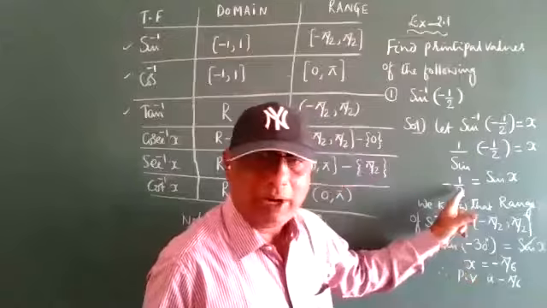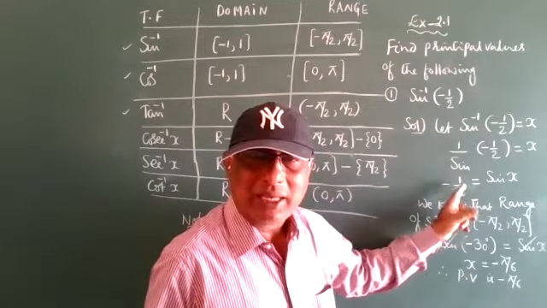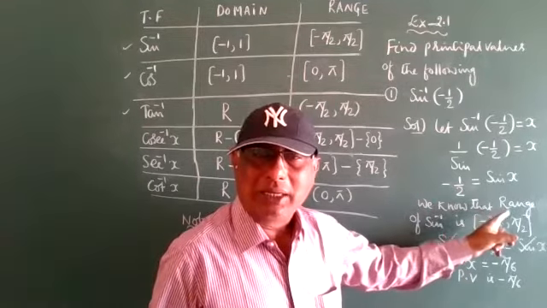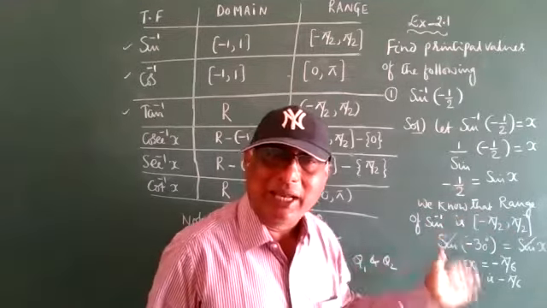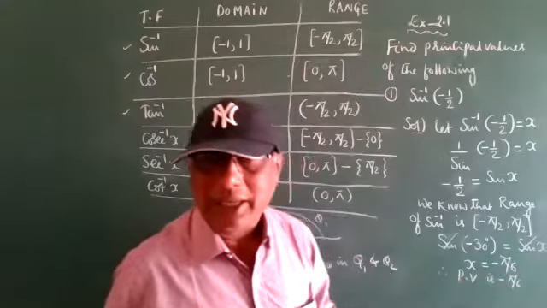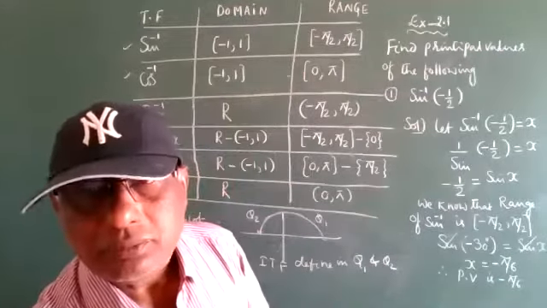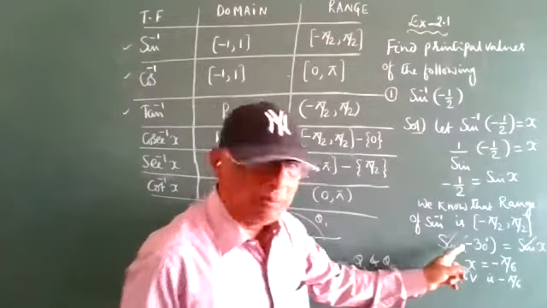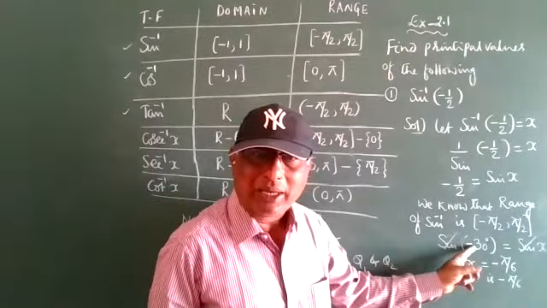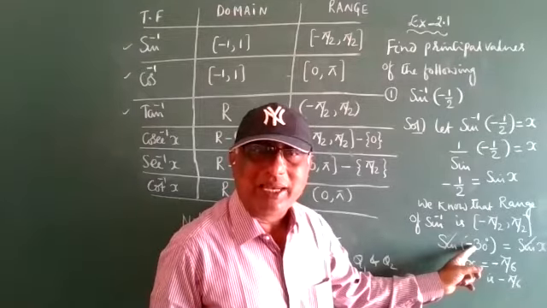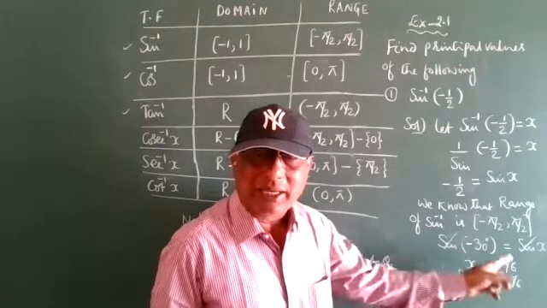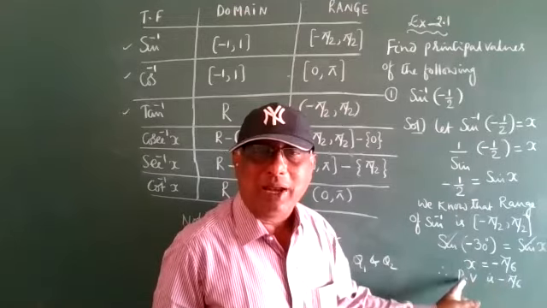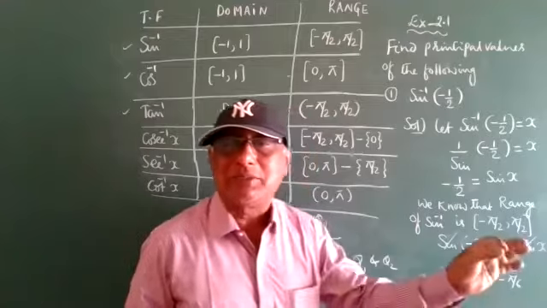We know the range of sine inverse is either negative or positive, so minus 1 by 2 means minus 30 degrees, a negative angle in the fourth quadrant where sine is negative. The sine cancels, so x is equal to minus 30 degrees. Therefore, the principal value is minus pi by 6.